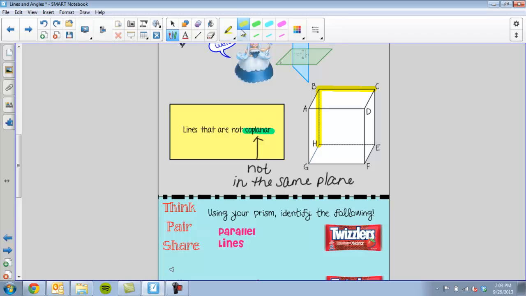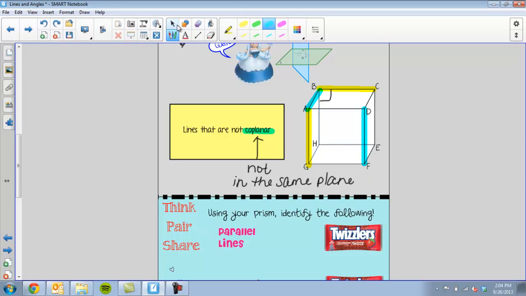Those two lines do directly form a right angle, as you can see right there. But unfortunately, if we move this forward, those two lines are not in the same plane. We would have a similar scenario if we took, let's say, BA and DF.